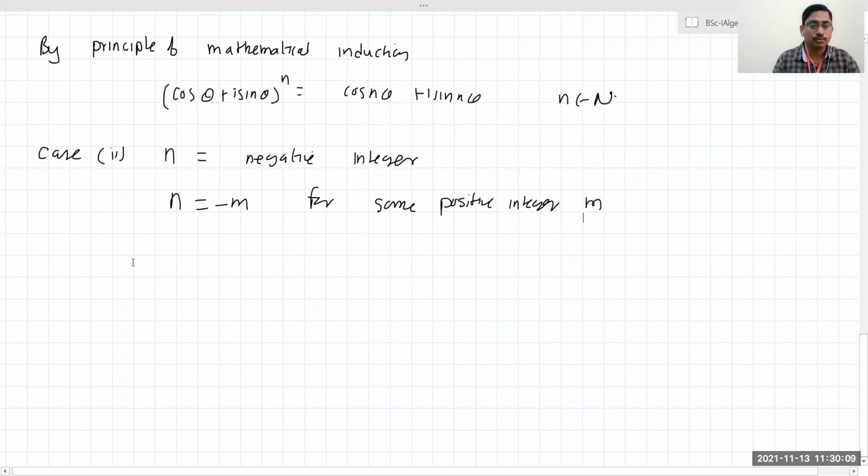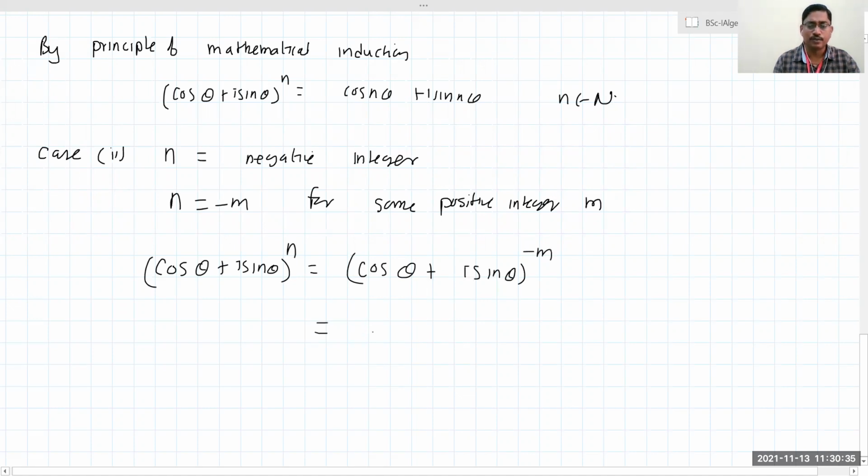Okay, so we are now here. We are not going to apply any induction. We just start with cos of theta plus i sin theta raised to n, where n is the negative integer. We want to prove that it is cos of n theta plus i sin n theta. So I put the value of n as minus m, and keep in mind this m is a positive integer.